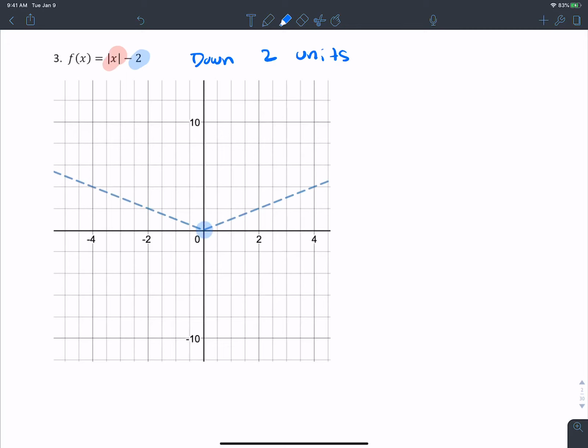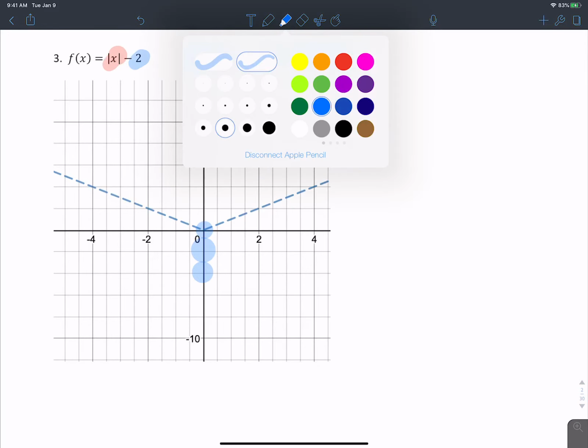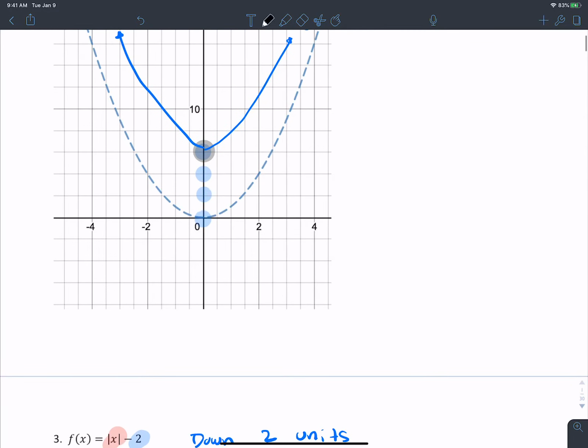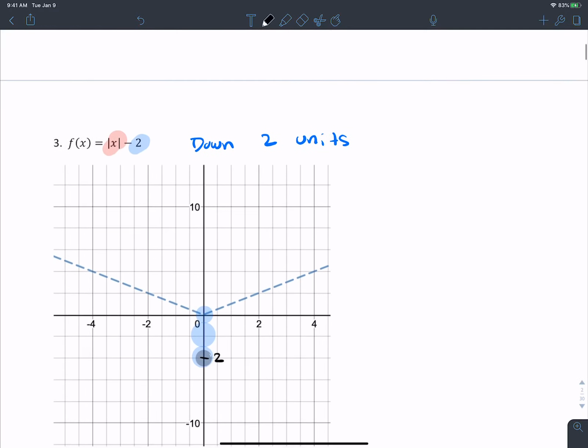Now I have a special point there again. It's kind of the origin, if you will. It's not even a vertex, but it's vertex-like. We're going to move every point, especially that point, down 1, 2 units. So my new point there would be right here at negative 2. So we can actually locate that. That's negative 2. Like in the prior problem, we went up 3, so we can say that this is at 3. And so that's fine.